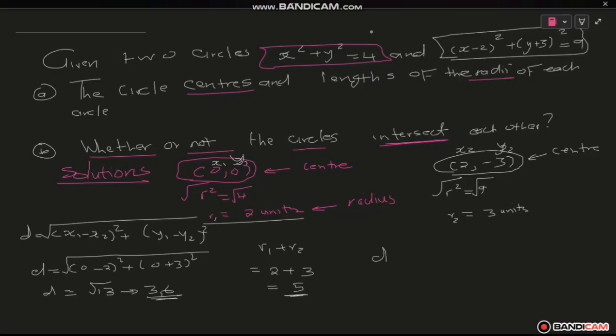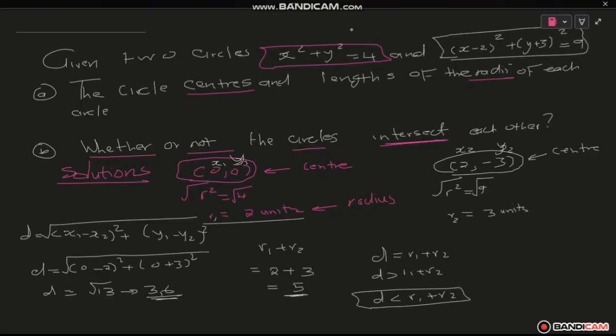As you can see here, we have 3 options. Let me just write them down. The second one, d is greater than r1 plus r2. Then d is less than the sum of radius 1 and radius 2. Therefore, these are the 3 options that we have for us to conclude or answer that question.